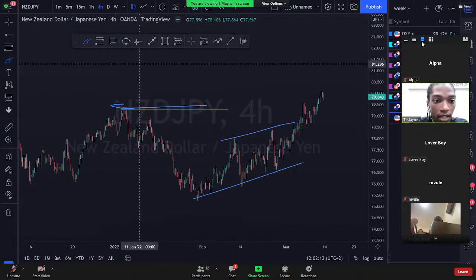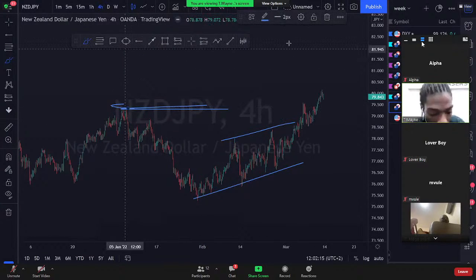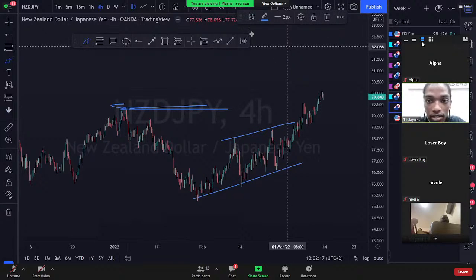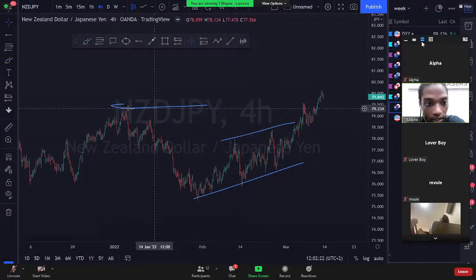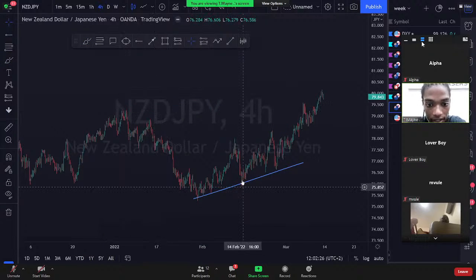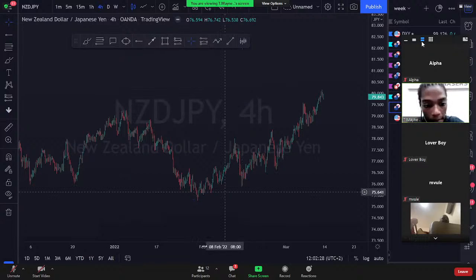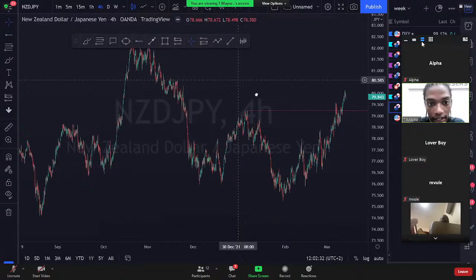But otherwise, now that we're on the 4 hour, let me just delete the structures over here. And then I just want to highlight this resistance area over there.